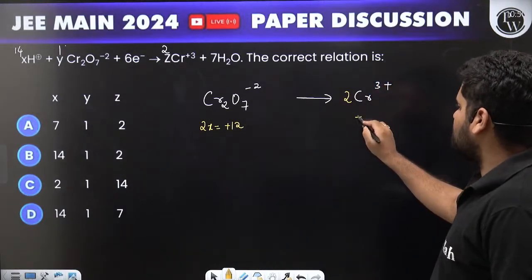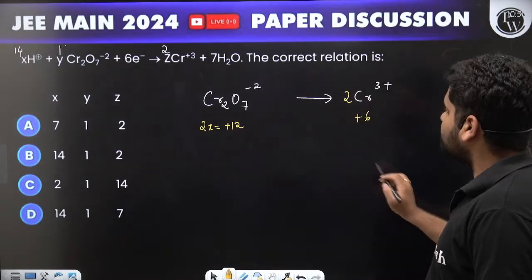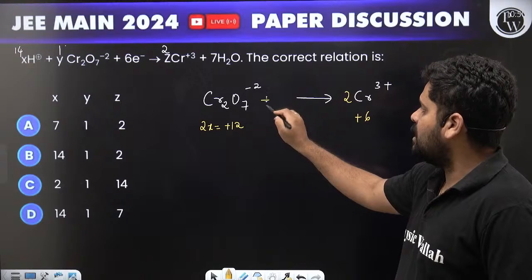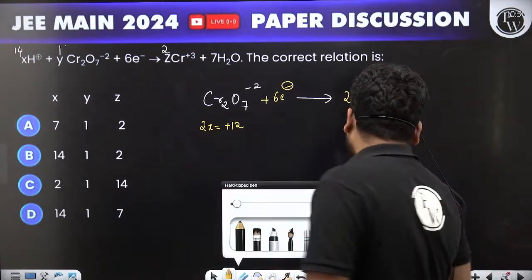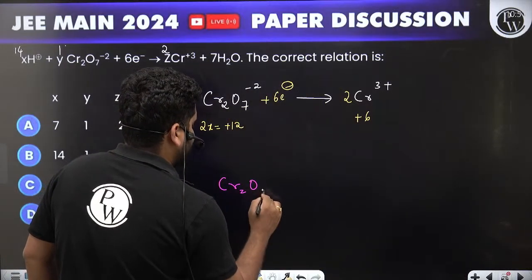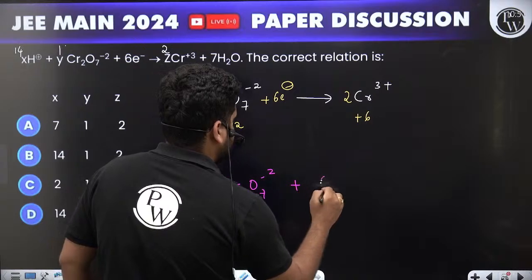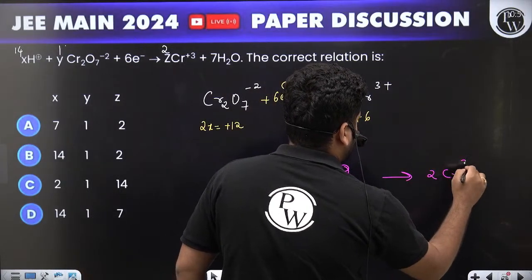Here the value is plus 6. Plus 12 to plus 6, it is gaining 6 electrons. So you'll put plus 6 electrons. Till here it is fine. Now we write this as Cr2O7 2 minus plus 6 electrons gives rise to 2 Cr3 plus.